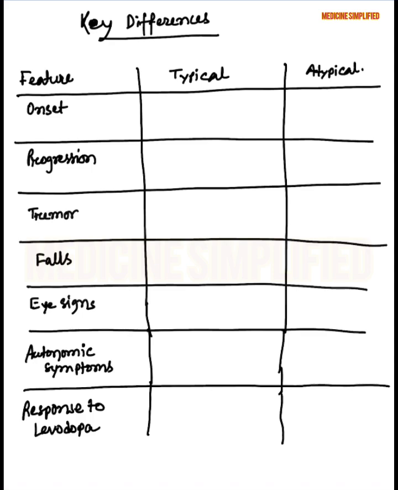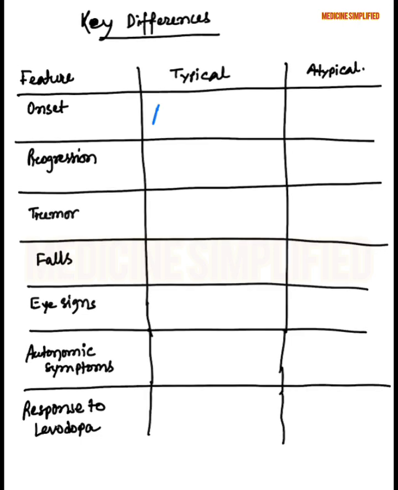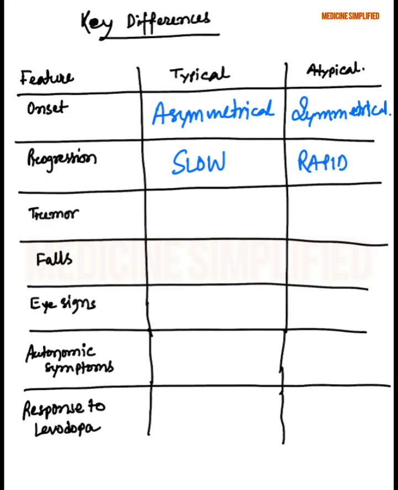In typical Parkinsonism, the onset will be asymmetrical, and in atypical it will often be symmetrical. Progression will be very slow in typical, and very rapid in atypical. Tremor is very common in typical. In atypical, it is often absent.